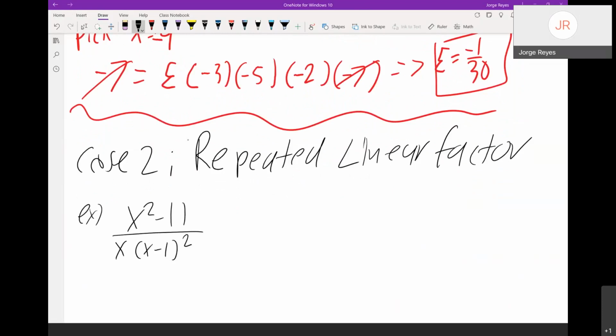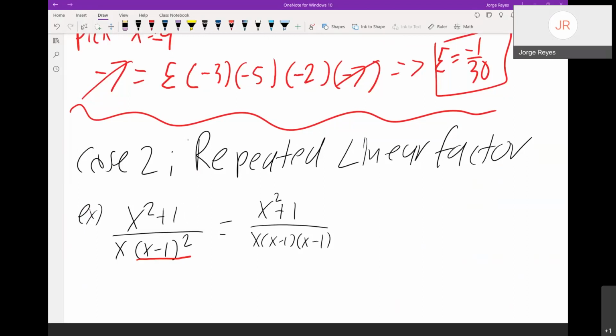Okay, so we notice this is the repeated linear factor, right? We have x minus 1 there twice, right? Like really, this is x squared plus 1 over x, x minus 1, x minus 1. Okay, so this one is here twice.